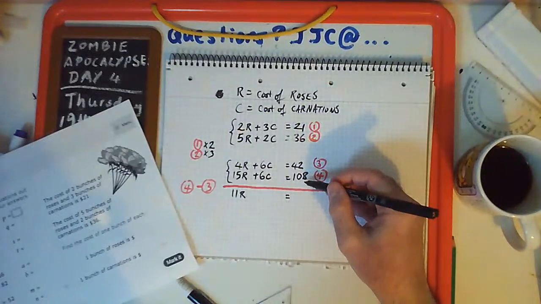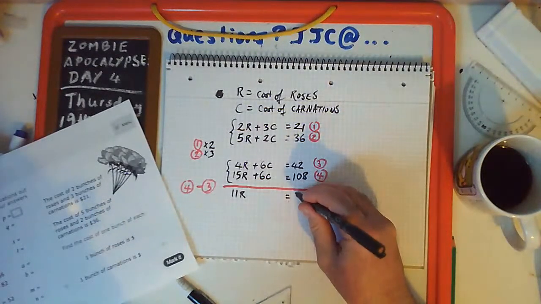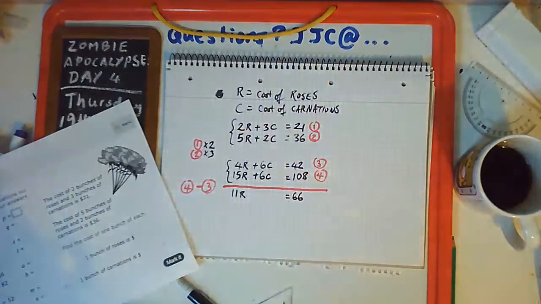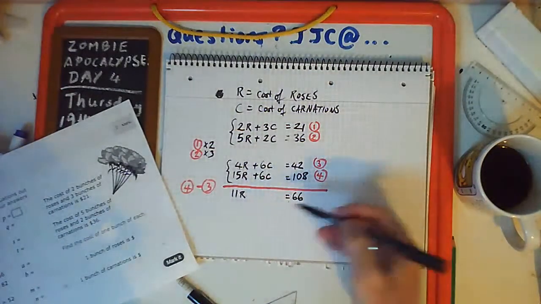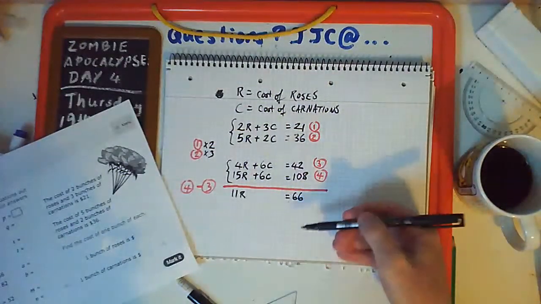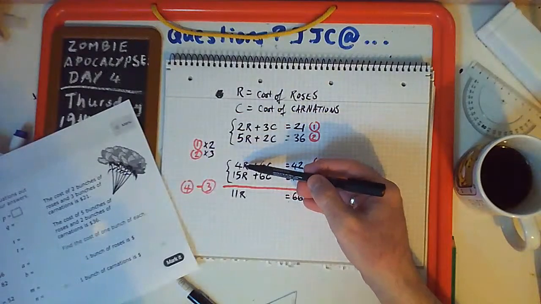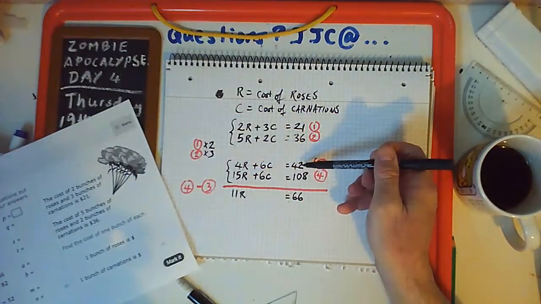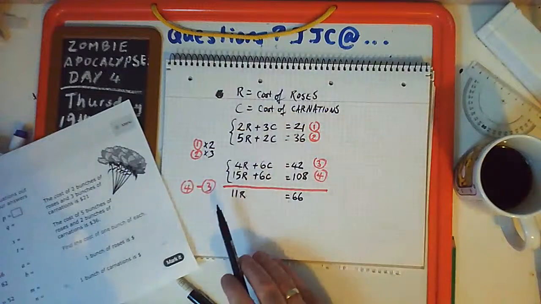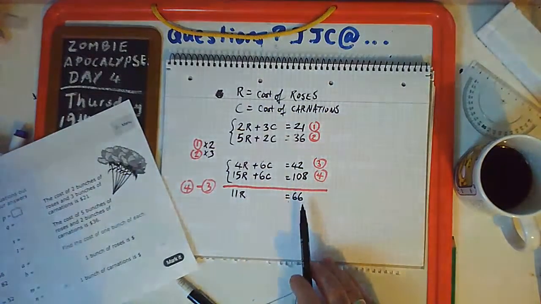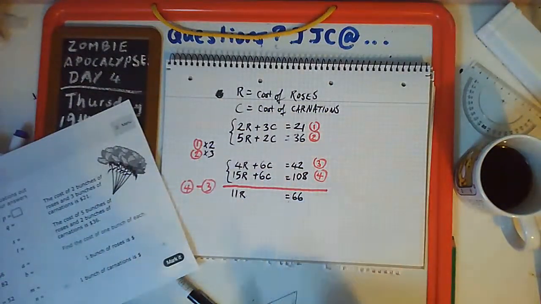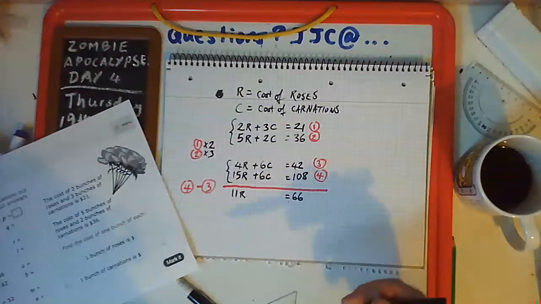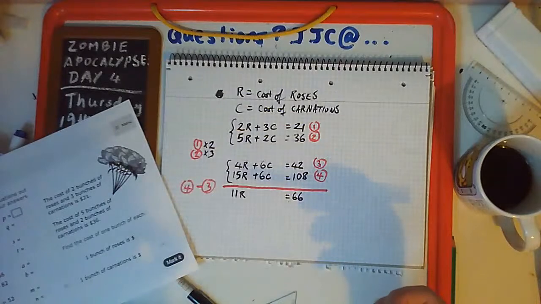And 108 minus 42 gives me 66. So I get 11R equals 66. Could have done it the other way around, and I'd have got 4R minus 15R and 42 minus 108, so I'd have got minus 11R equals minus 66. It wouldn't have made a difference to the final solution, but you make your life easier if you do it in a way that avoids going into the minus numbers.